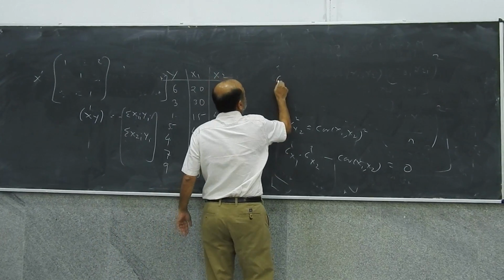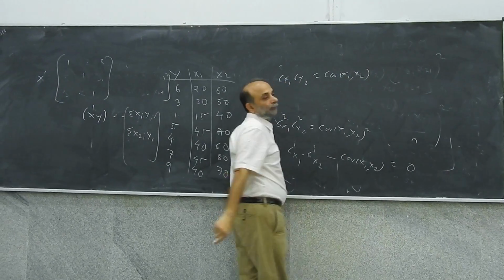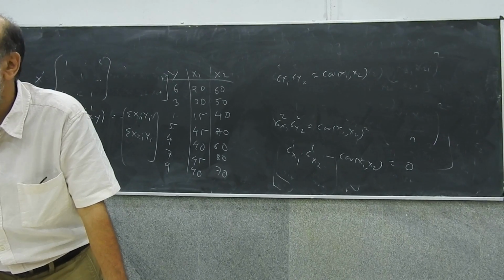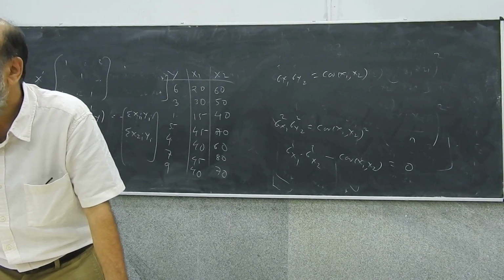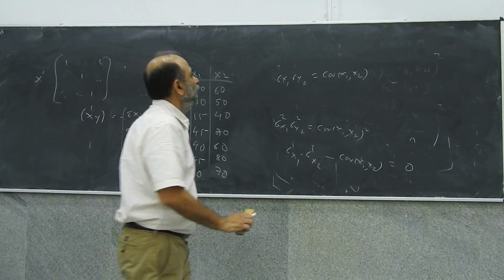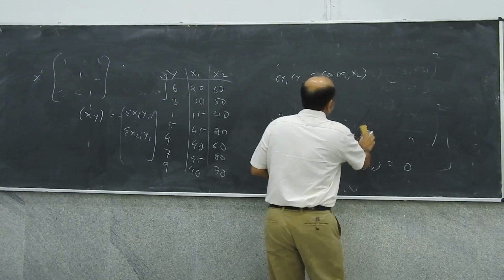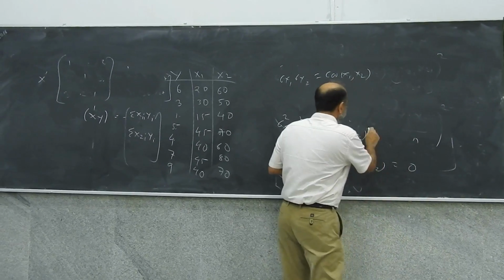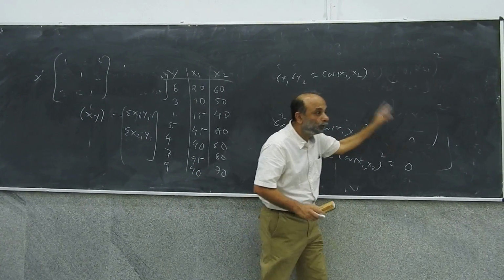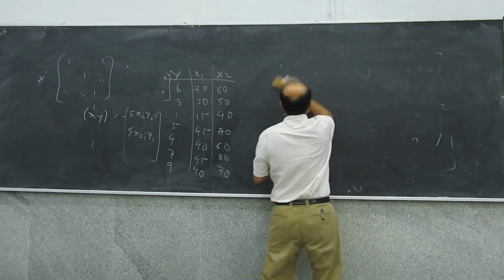So you will get sigma x1 into sigma x2 is equal to covariance x1, x2. This is covariance square actually, because these two are multiplied. This actually has to be square. Look at it carefully.